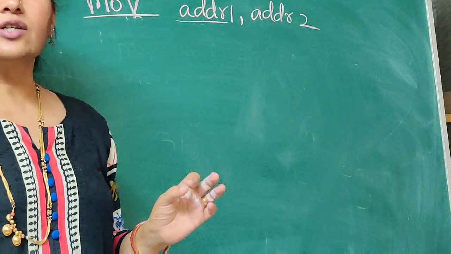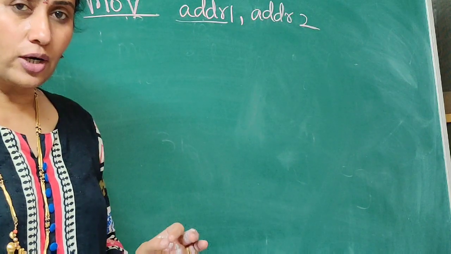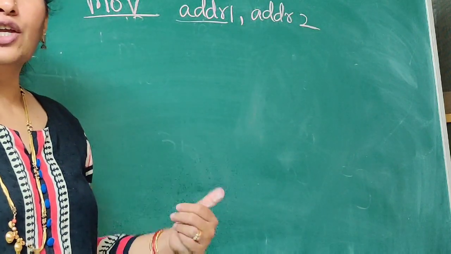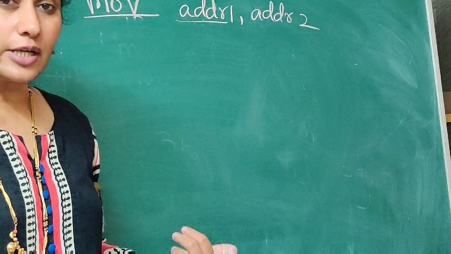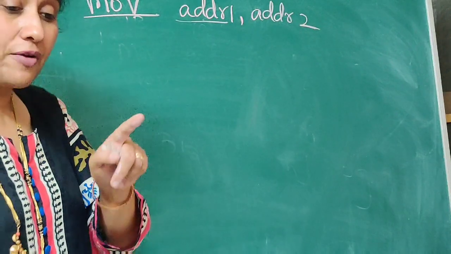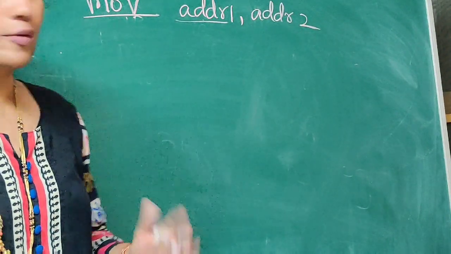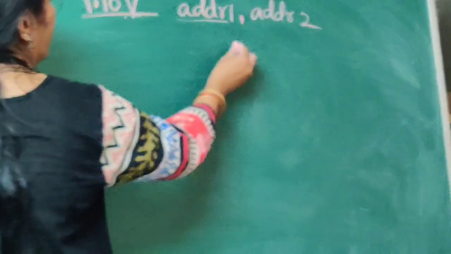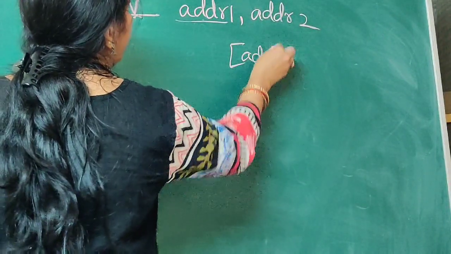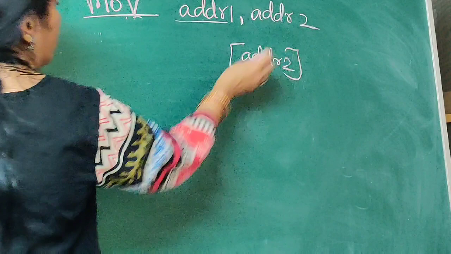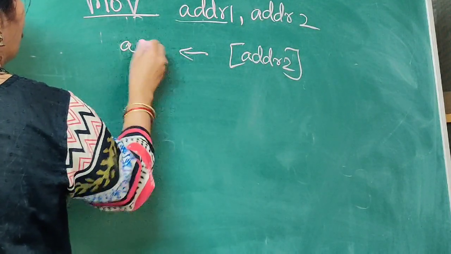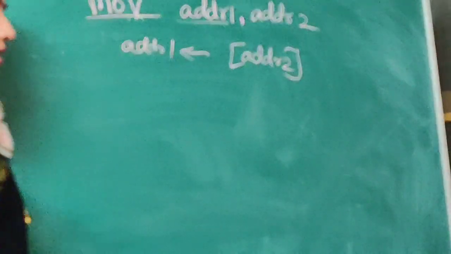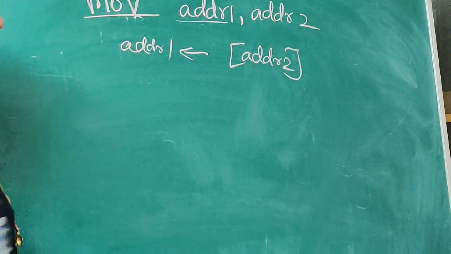This particular instruction format is available only in the microcontroller 8051, and you are not going to have it in the microprocessor. You cannot copy directly the data from one memory location to another memory location. So what is the meaning over here? The content of the address 2, source address will become the content of the address 1. It is going to get copied into the address 1.